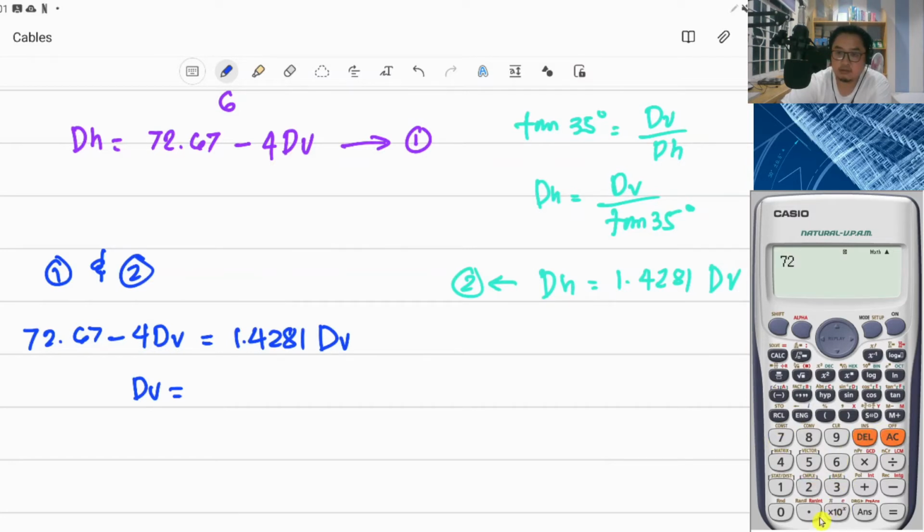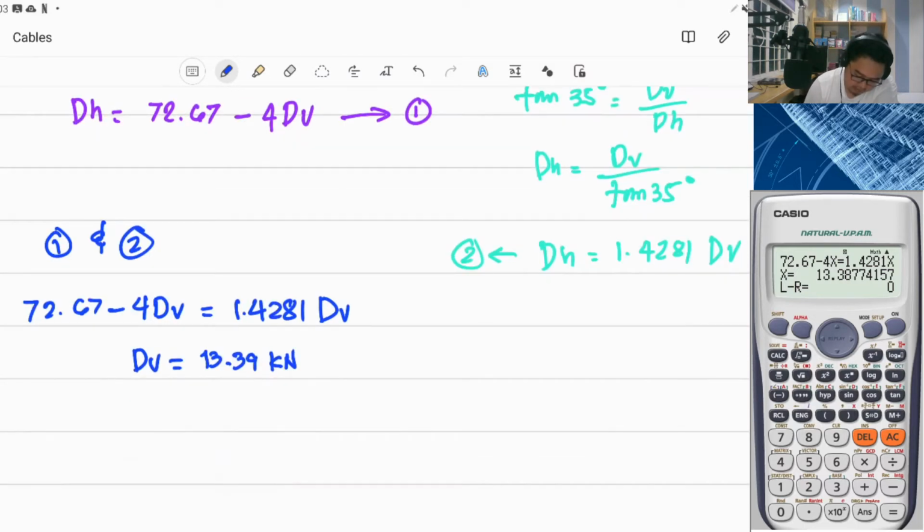So DV is equal to 13.39. This is in kilonewtons.